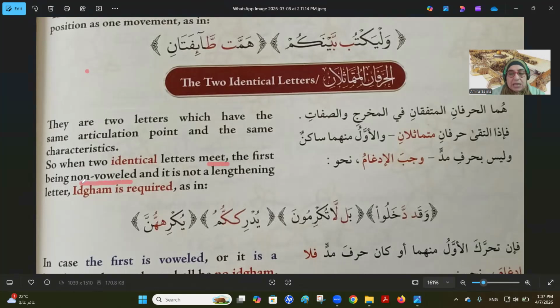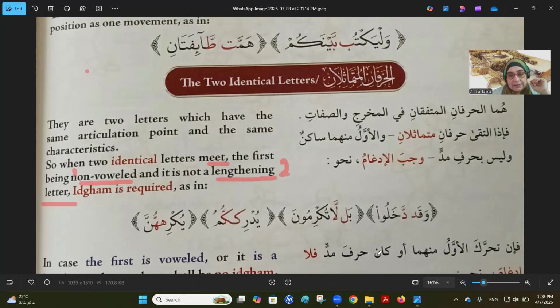Number one, non-voweled, having sukoon. Number two, it's not a lengthening letter, not a mad letter. So in such a case, idgham is required and it's going to be full merging or full idgham.